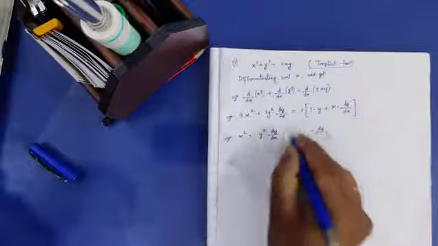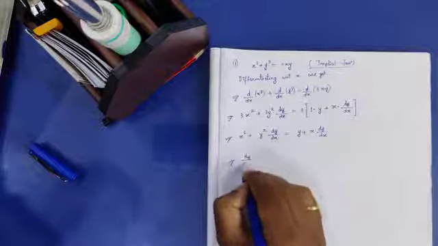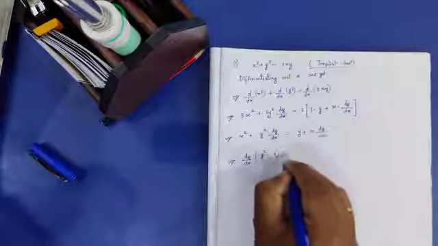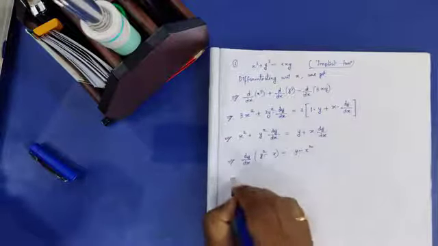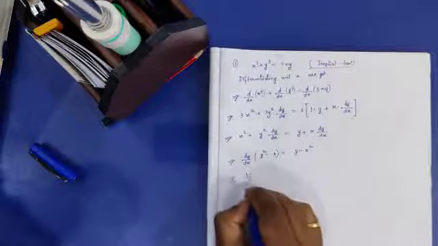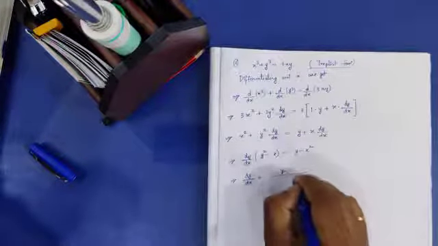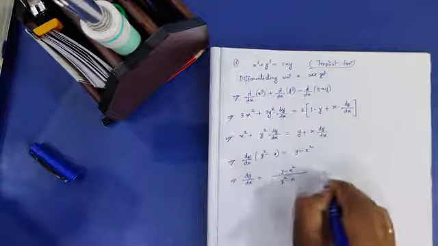Now take dy by dx on the same side. With dy by dx common, you will get y square minus x is equal to y minus x square. That is, dy by dx is equal to y minus x square divided by y square minus x.